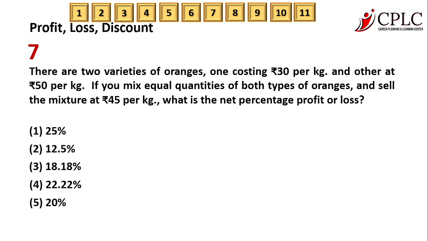If you mix equal quantities of both types of oranges and sell the mixture at 45 rupees per kilo, what is the net percentage profit or loss?